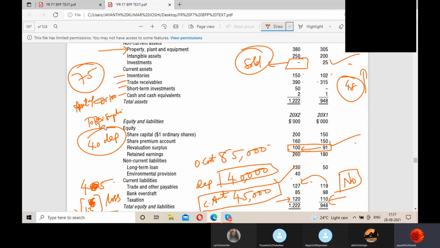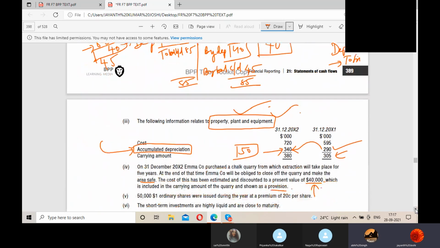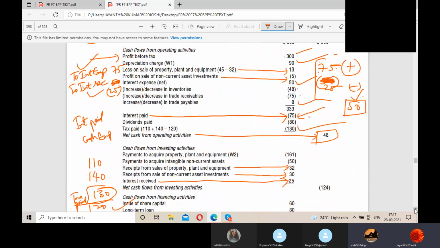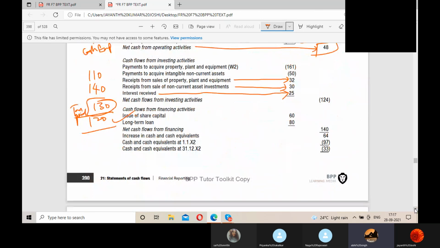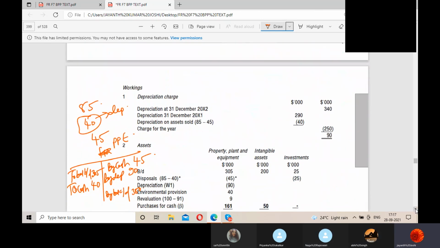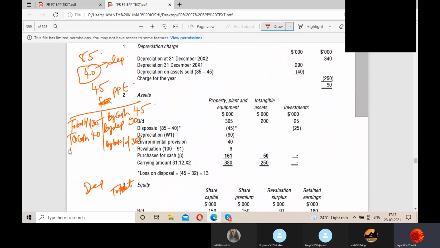So the revaluation surplus is 9 actually, and your asset account is also debited by 9. So this much has gone, and your asset would increase by how much now? 9. So that would be added to your asset value. So to revaluation gain, can I write here on the debit side? Yes, sir.